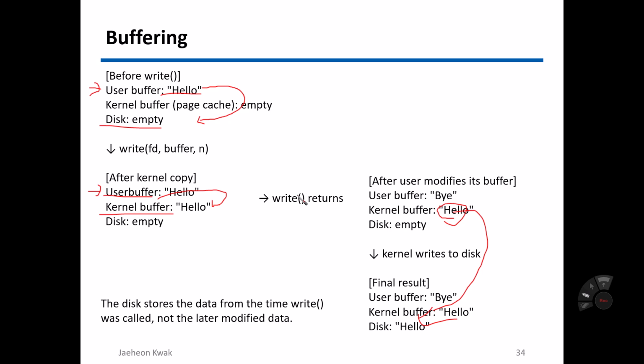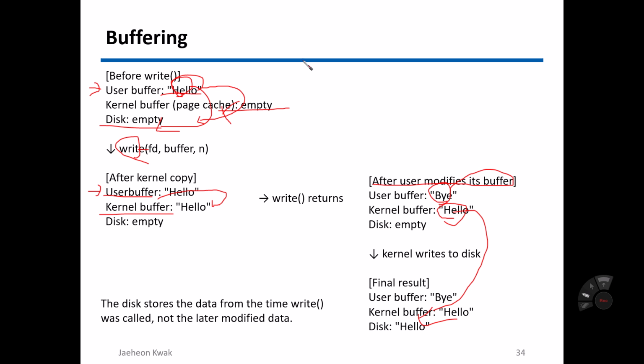And let's say during this example, a user modifies its buffer from hello to bye. When we called this write function here, our intention was copying this string hello to the disk.